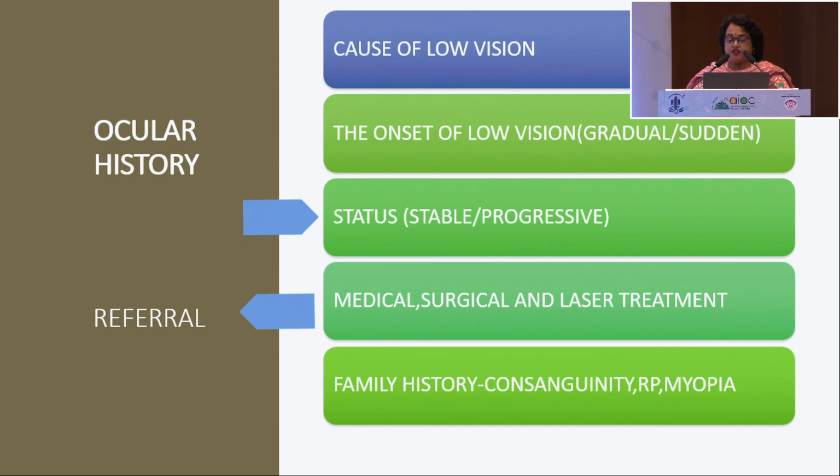First, we take the history of the patient for the cause of the low vision, the onset, the present status, and then we decide upon the treatment, whether it is optical, medical, surgical, or laser. If we don't have these resources, we may refer the patient to a higher center, or we may treat it at our place. And of course, most important is the counseling part for the patient as well as the family.